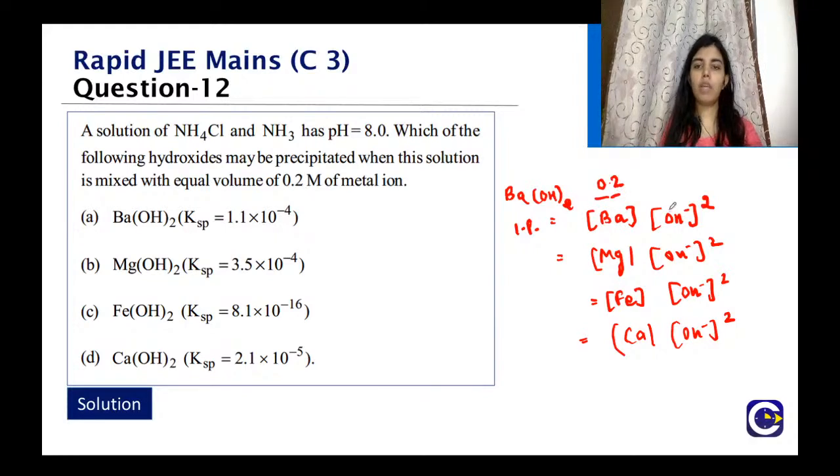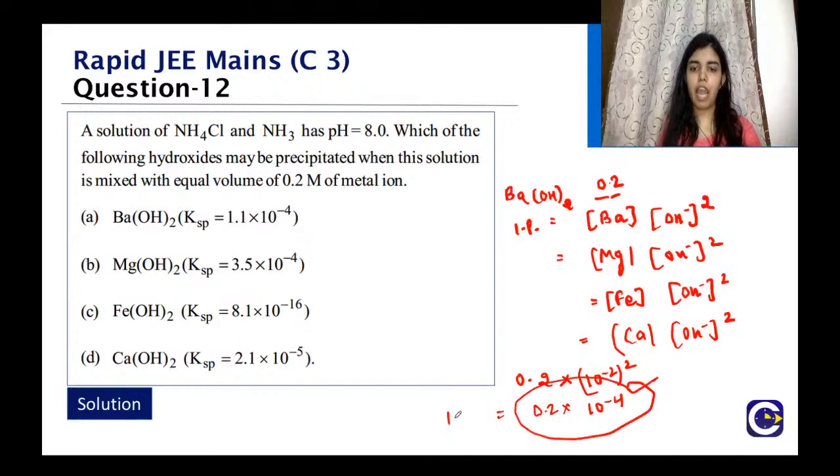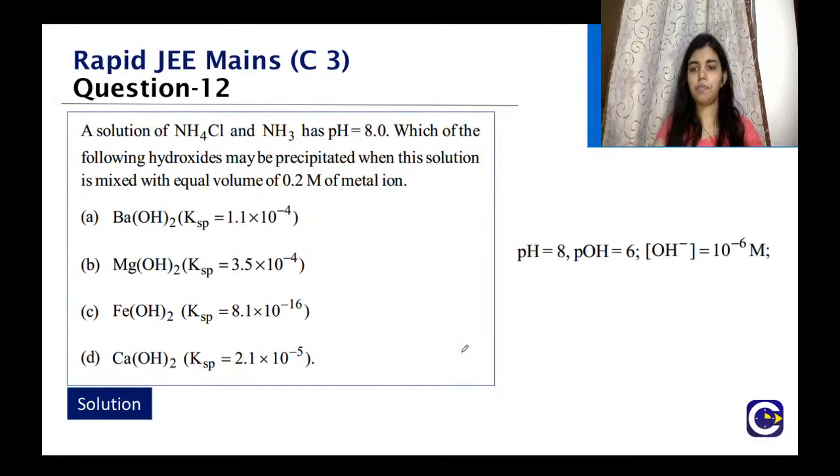While if you see OH minus, the concentration was 10 raised to the power minus 6. So it will become commonly the ionic product of all the 4 will be 0.2 into 10 raised to the power minus 6 raised to the power 2. That will come out to be basically what? 0.2 into 10 raised to the power minus 12. Okay, so this is the ionic product basically of all the hydroxides.